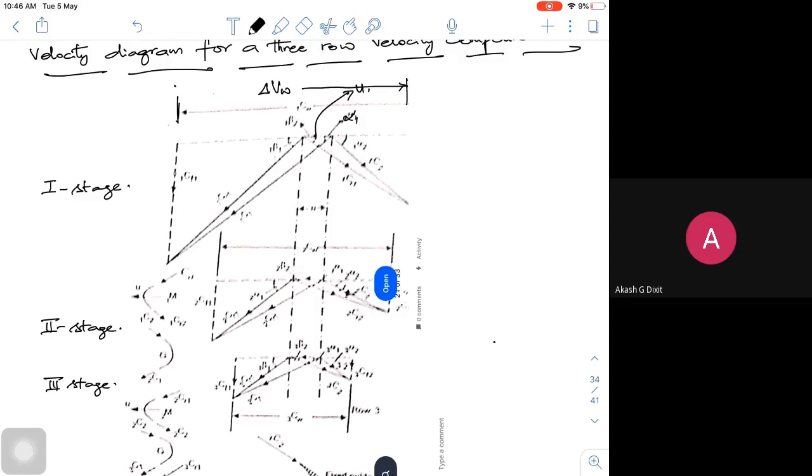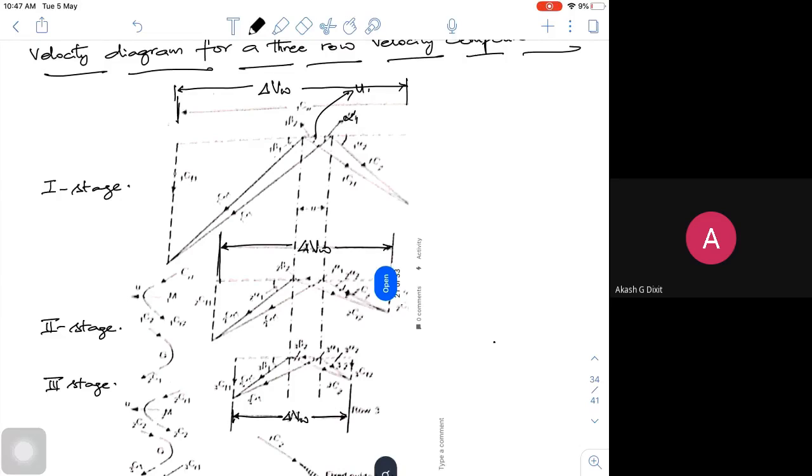That is the delta VW for the first stage, this is the delta VW for the second stage, and then I have the delta VW for the third stage.